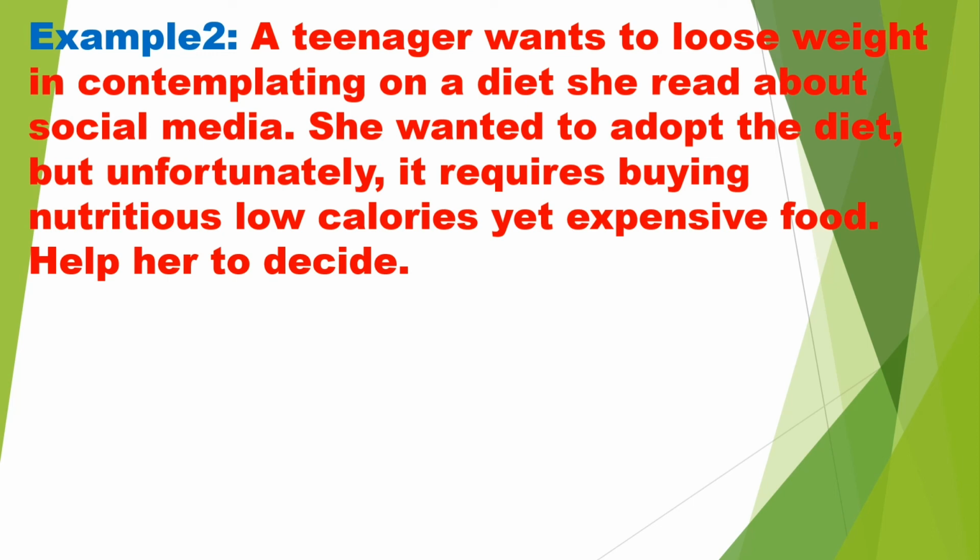Example number 2. A teenager wants to lose weight. In contemplating a diet, she read about one on social media. She wanted to adopt the diet, but unfortunately, it requires buying nutritious, low-calorie, yet expensive food. Help her to decide.